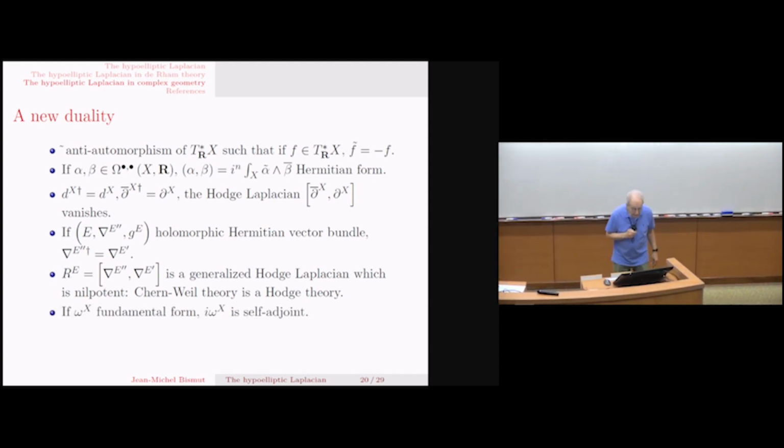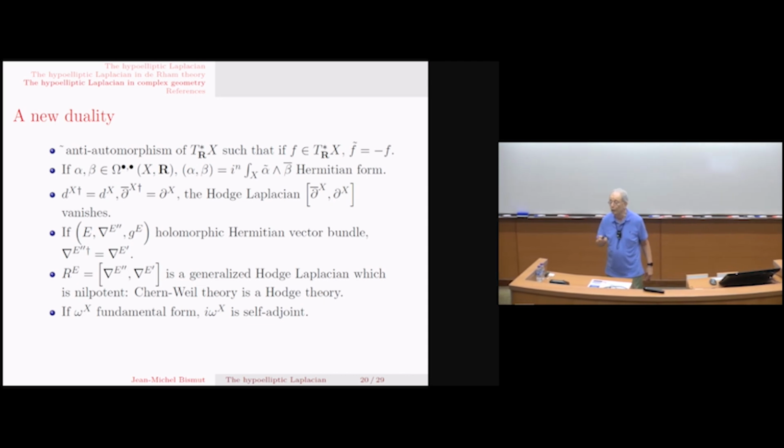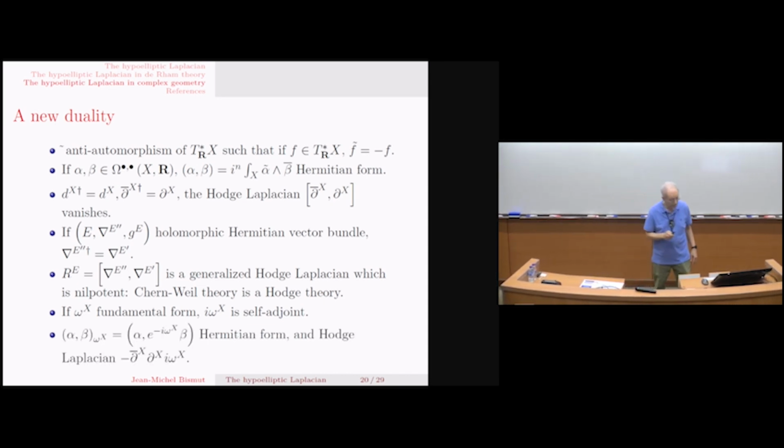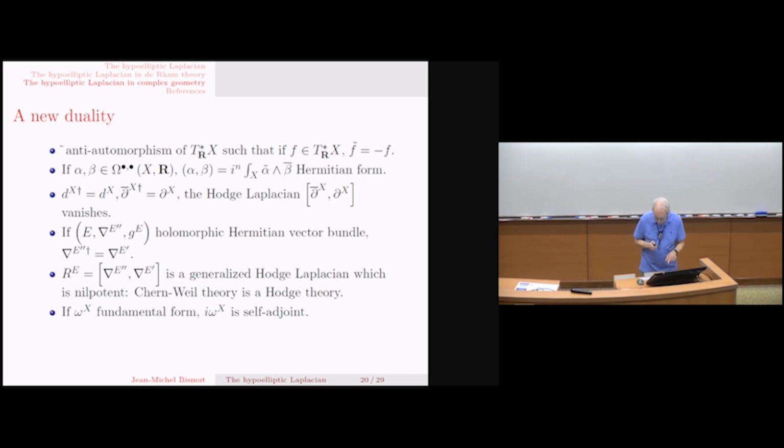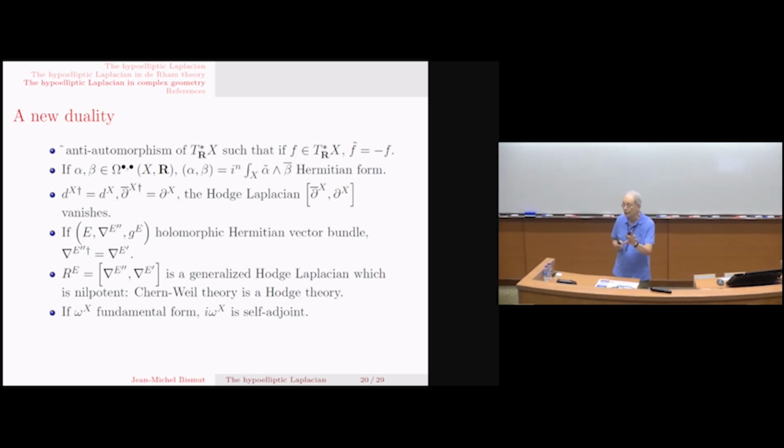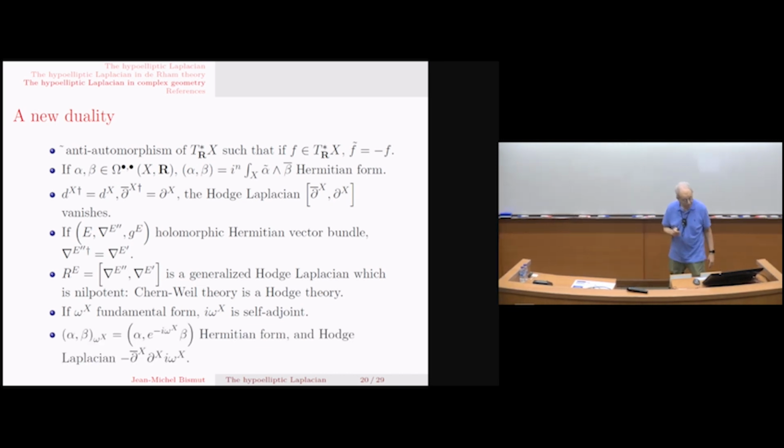So let me explain something very simple again. You give yourself a Hermitian manifold, that is, you introduce omega X, which is a fundamental (1,1)-form, not closed or anything. And what you find is that multiplication by i omega X in the exterior algebra is a self-adjoint operator with respect to the duality based on the intersection product.